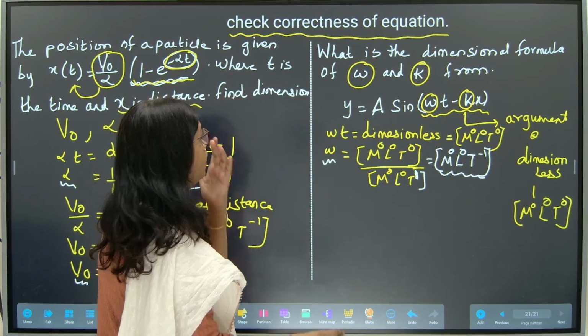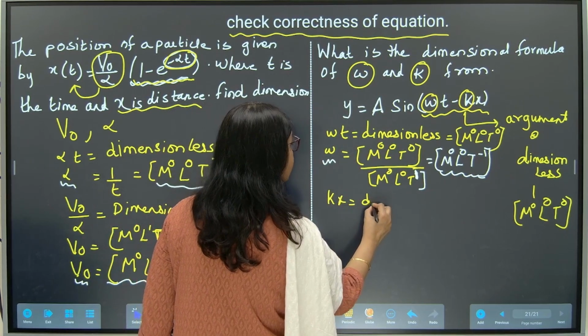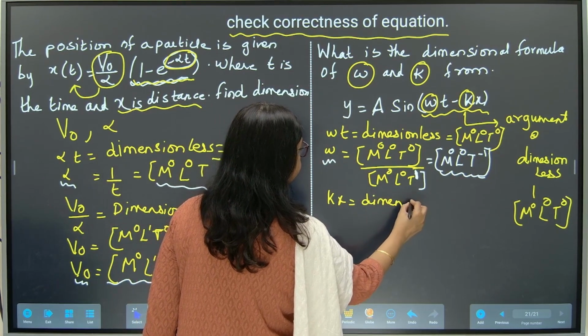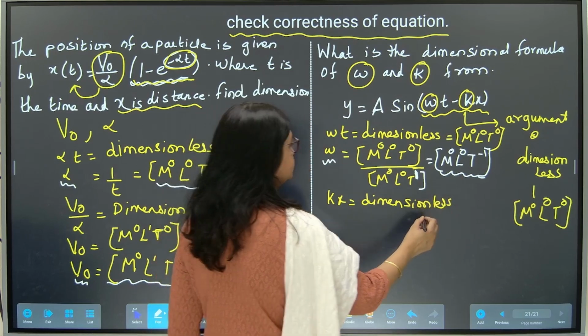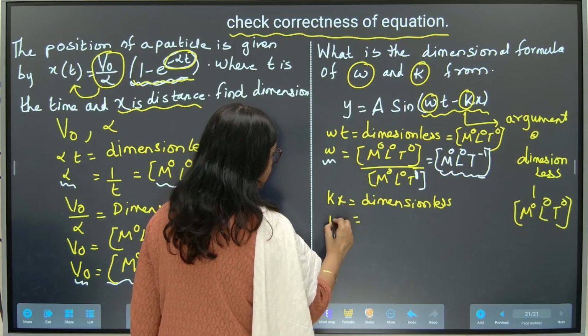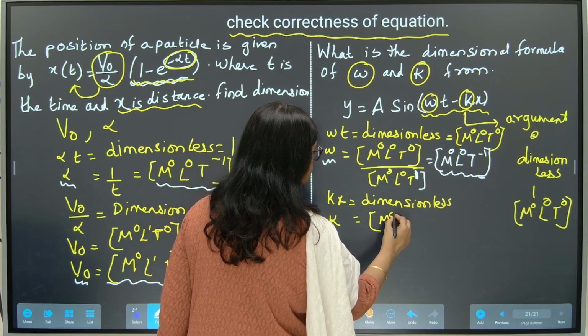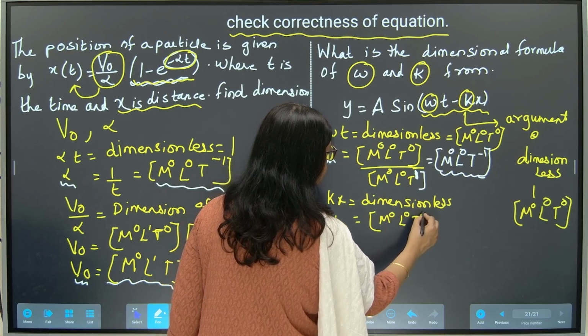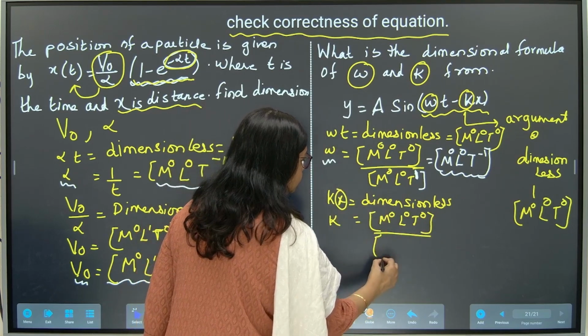Same way, what is the dimension of kx? Dimensionless. So how should I represent it? K I want. So dimensionless, so how will I write? M raised to 0, L raised to 0, T raised to 0 divided by the dimension of x. What is the dimension of x?